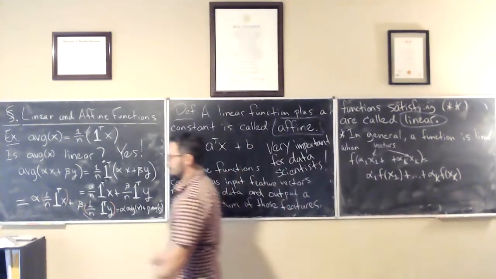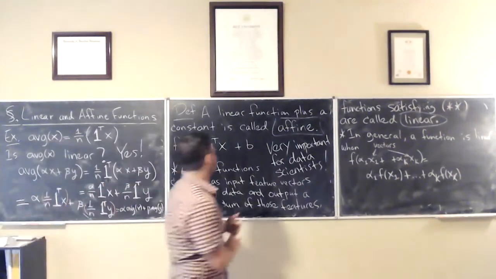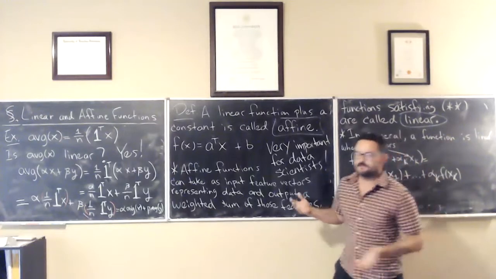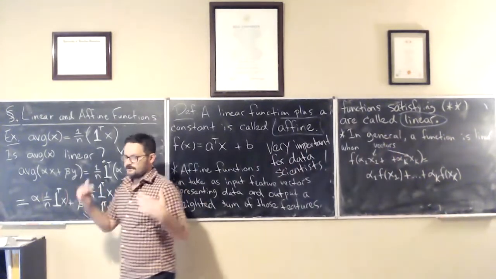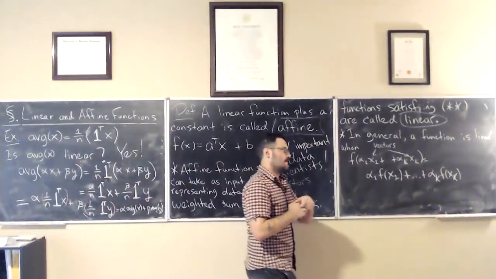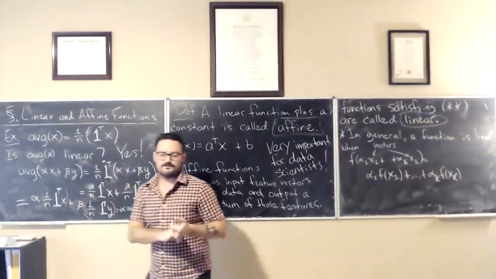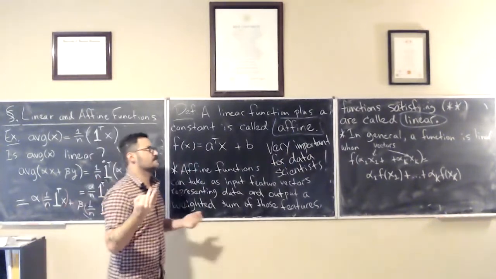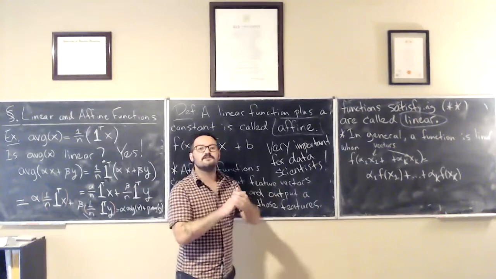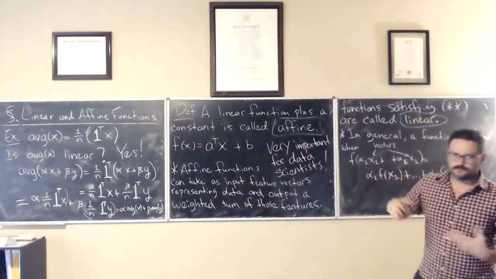So imagine, for example, your input vectors were like housing data. So for example, in my house, there would be 3 bedrooms would be like the 1 entry, 2.5 baths would be the second entry, like 13 years would be the 4th entry for how old the house is, so forth and so on.